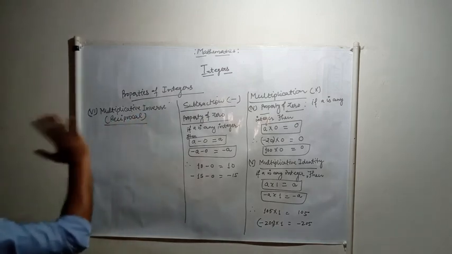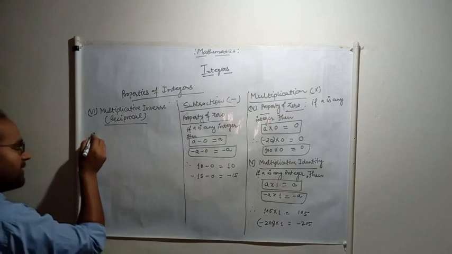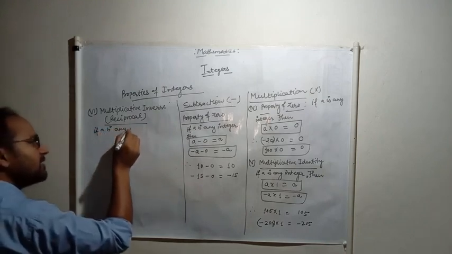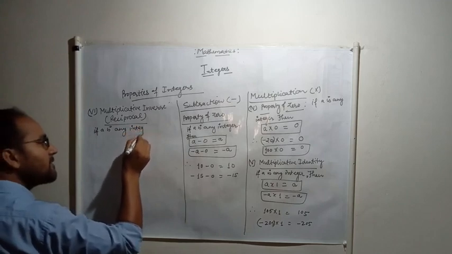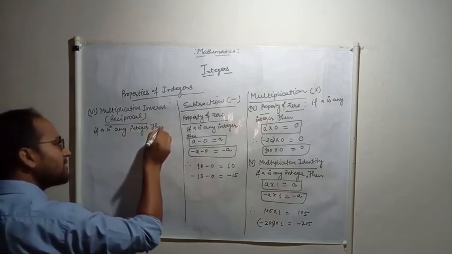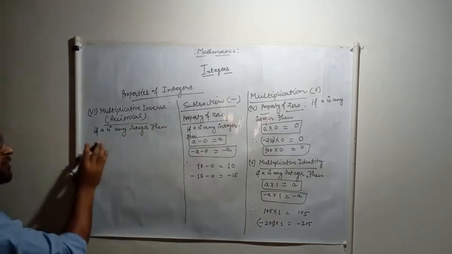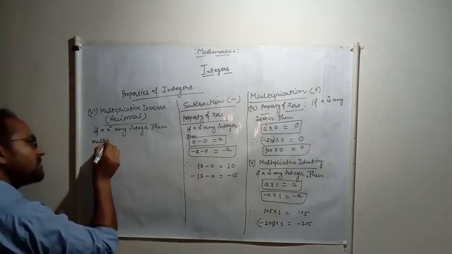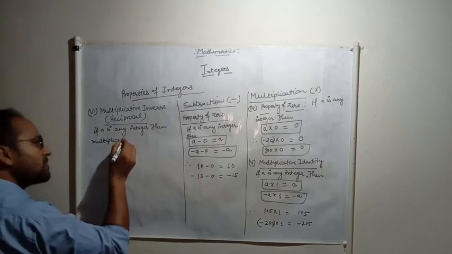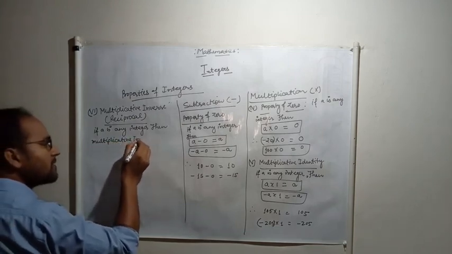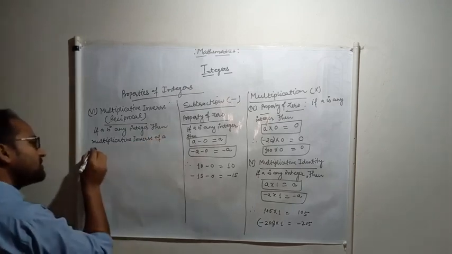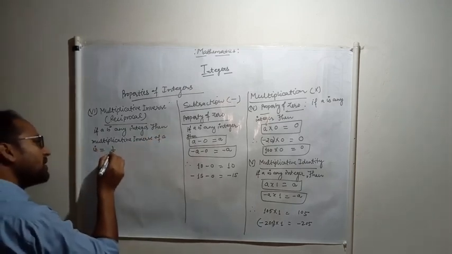Students, multiplicative inverse: if a is any integer, then the multiplicative inverse of a is 1 upon a.